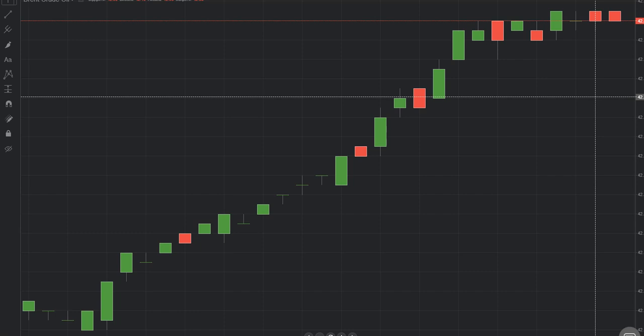If the breakout of resistance occurs while the CMF reaches new highs, this suggests that the bulls are taking control of the market. This is a signal of uptrend continuation. If the breakout of support occurs while the CMF reaches new lows, this suggests that the bears are taking control of the market. This is a signal of downtrend continuation.